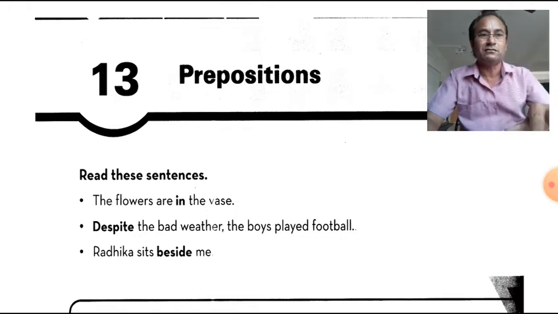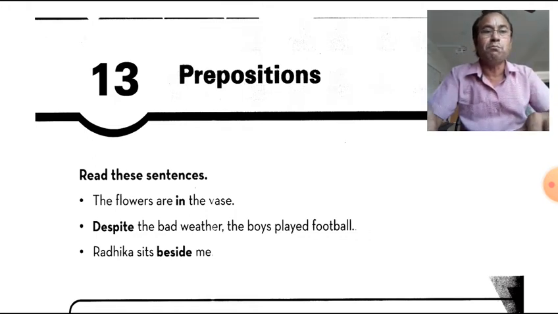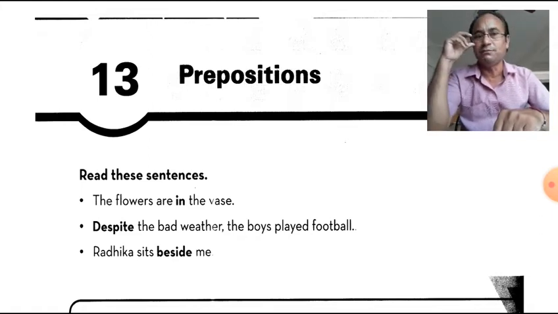That's why it's called a preposition, because its position is before a noun. Despite the bad weather, the boys played football. Despite is the preposition and it is placed before bad weather. Bad is an adjective, weather, a noun. So it is placed before a noun or pronoun.